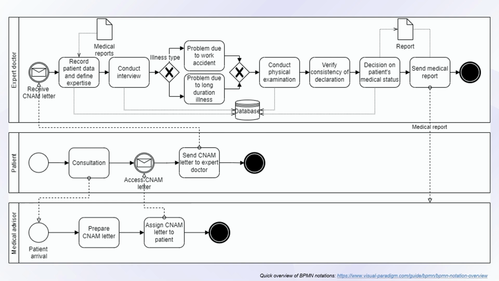The expert doctor writes a medical report and sends it to the medical advisor. This report includes the conclusion about the patient's medical status and guides the medical advisor regarding the decision. For example, whether the medical leave is needed or not, what is the duration of the medical leave, and when the patient could return to work.